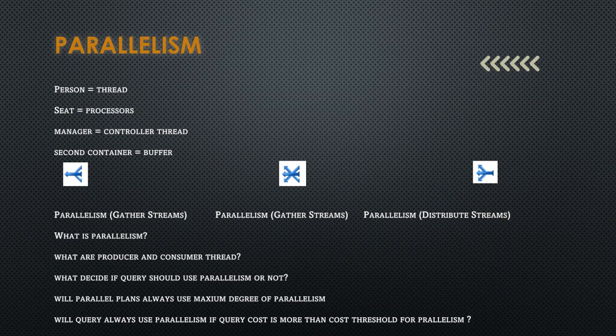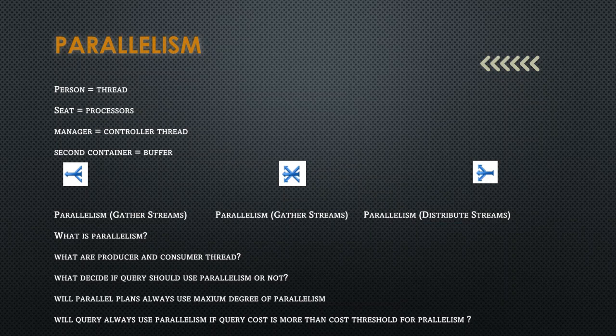Just understand it in this way: your plan is transitioning from one parallel plan to another. In that case, you will see parallelism gather and repartition streams, right? Then you have distribute stream, and you will see this sign of distribute stream in your query plan when your plan is transitioning from the serial plan to a parallel plan.